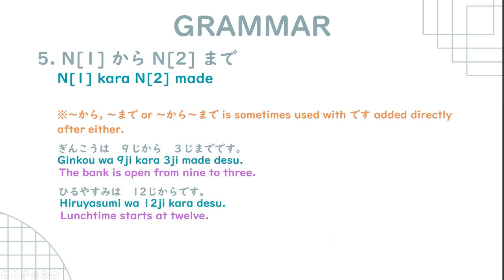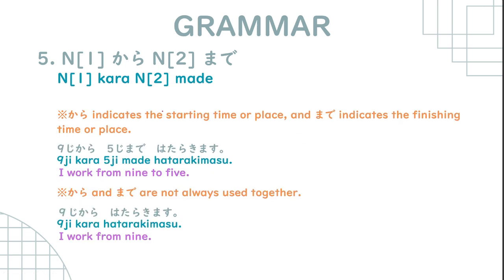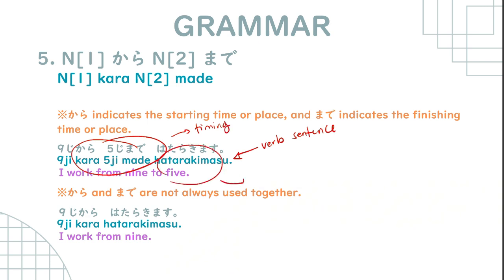Additionally, kara and made, or the combination of kara and made, can be added directly before the verb. This sentence pattern here is a verb sentence, which means that 9時から and 5時まで are the timing, and they go before the verb.